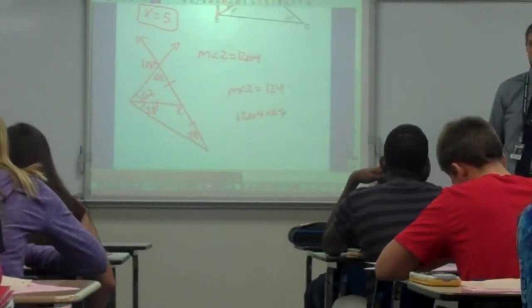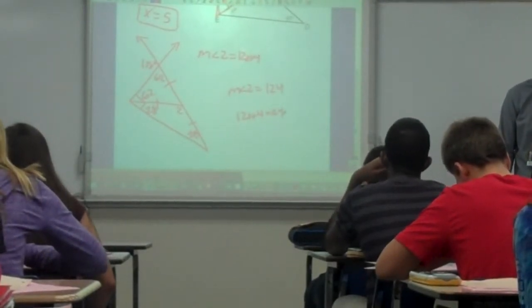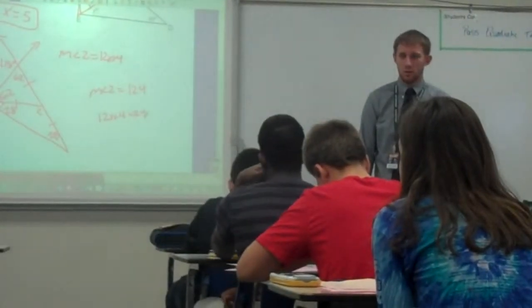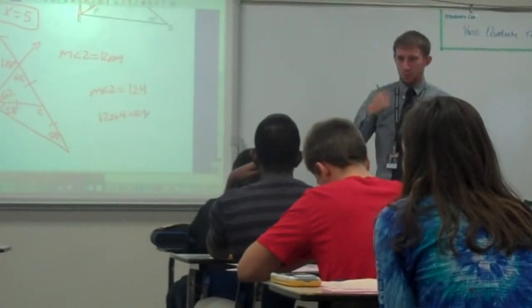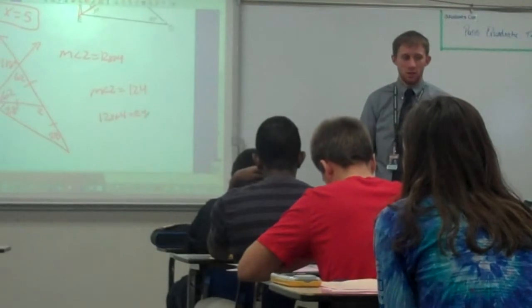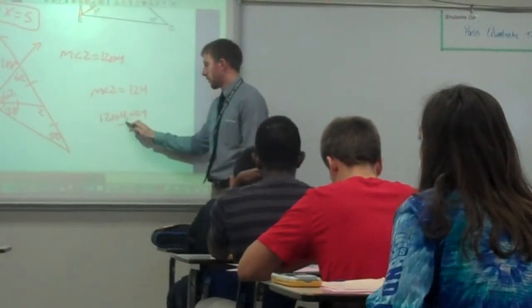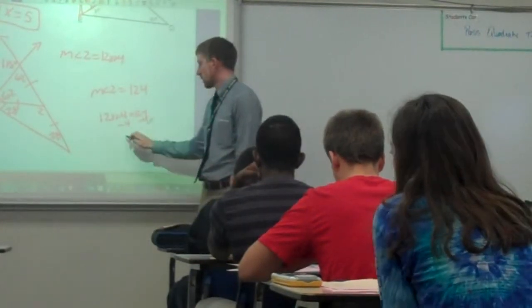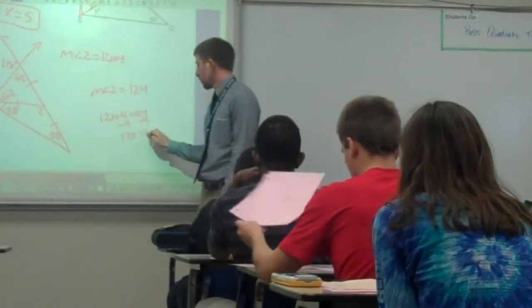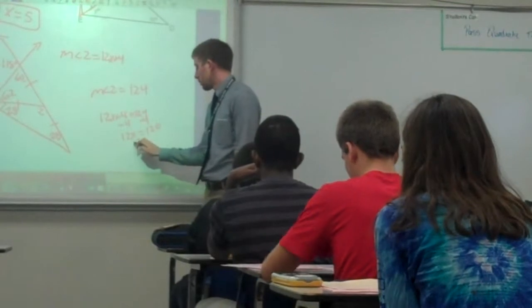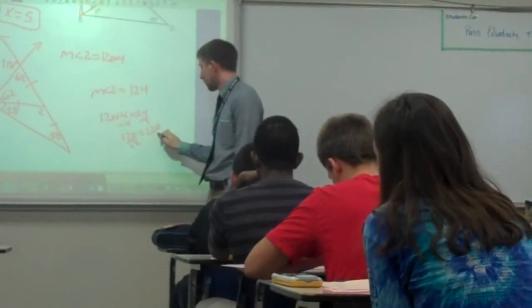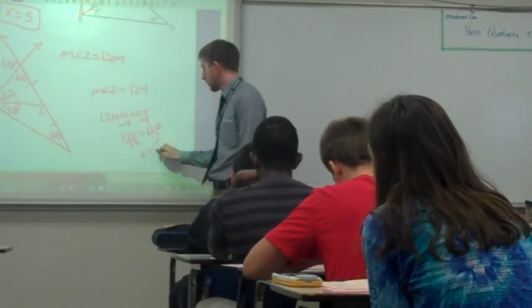Substitution works since it's equal. What other one is there? A equals B, B equals C. Transitive property, right? So we just go through. Solve for x. Subtract 4 from both sides, so we get 12x equals 120. Divide by 12. X equals 10.